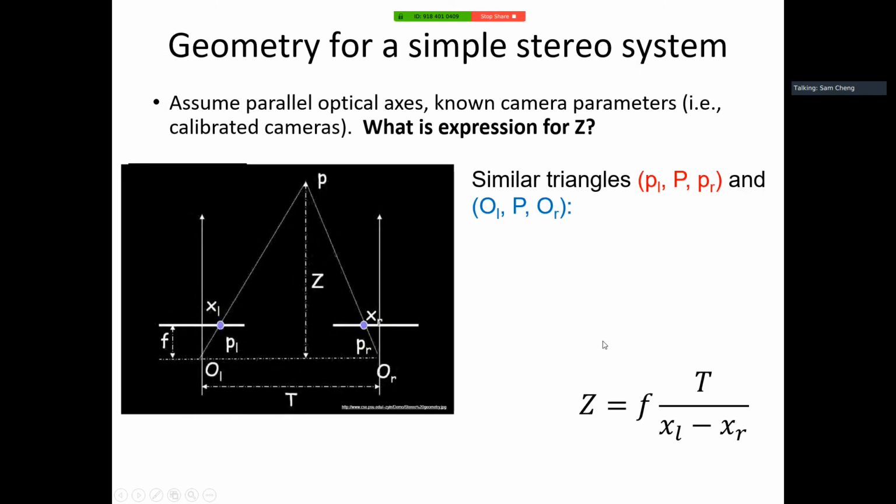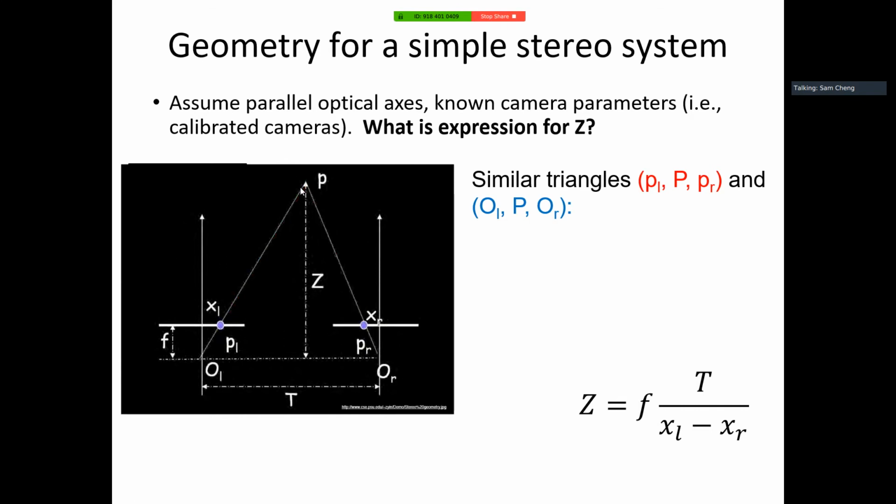Namely, for example, this is the left view here. Let's say the disparity is XL, and the right view here, this is XR. Actually I say disparity, but more meaning that the point here is XL from the origin here. For the right view here is XR from the origin here for the same point.